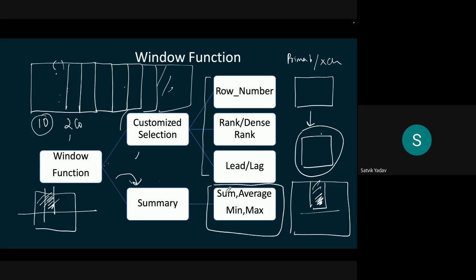Sum and average can be done using window functions, or without them. We will learn how to do it with window functions so that it is clearer to you where the sum is happening, where the sum grouping is happening. That's why I prefer solving questions using window functions. So we will cover all types of window functions from now.